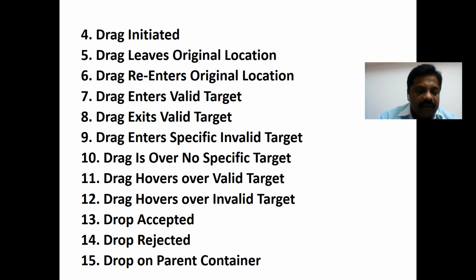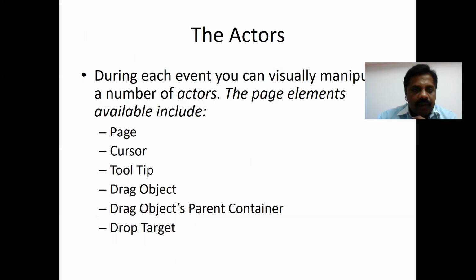If it is not an exact or valid drop point, then it will reject the drop. Next, drop on parent containers. Otherwise, if you do not have any target place, you drop that object in the parent container where you started the dragging process. Then you can place the same object in the parent container. So these are all the 15 events available in mouse drag and drop.